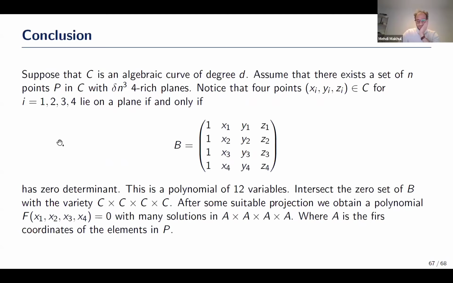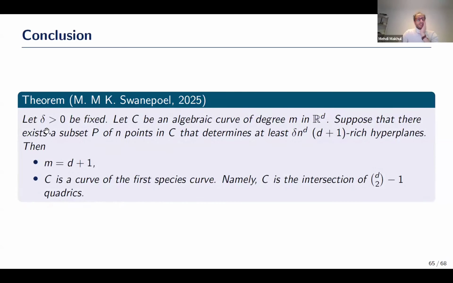Suppose that delta is bigger than a fixed delta, and let C be a curve of degree m in R^d. And suppose that there exists a subset of n points in C that determines this number of (d+1)-rich hyperplanes. Then m must be d plus 1, and also C is a first species curve.